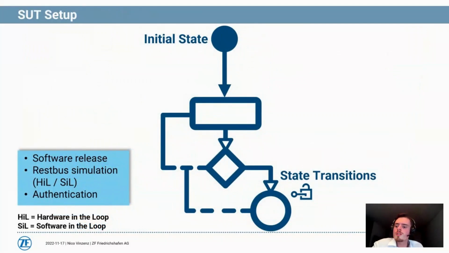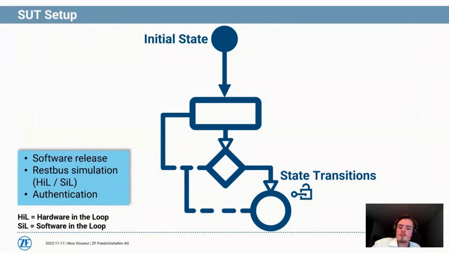Regarding our system under test setup, it's really important which kind of setup we provide for the test. So the initial state and also the transitions we have play a big role in how well the test goes. For example, some kinds of products would need some rest bus simulation to even start up correctly and have a correct initial state without going immediately into an error state.